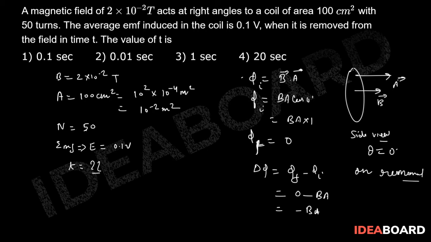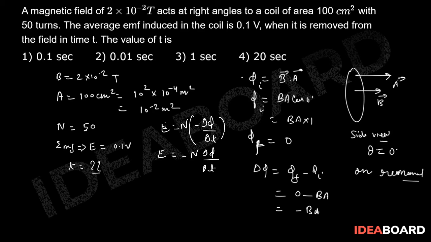Correct. Now we know that EMF E is equal to minus delta phi upon delta t. But here number of turns are n, so this will be minus n delta phi upon delta t.